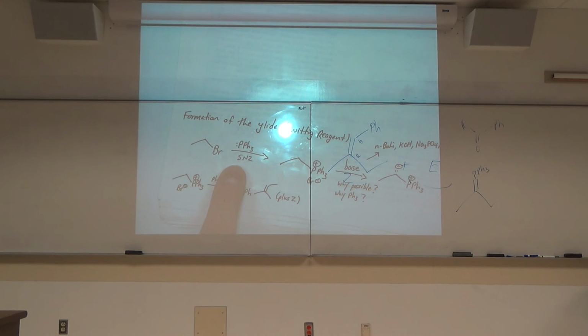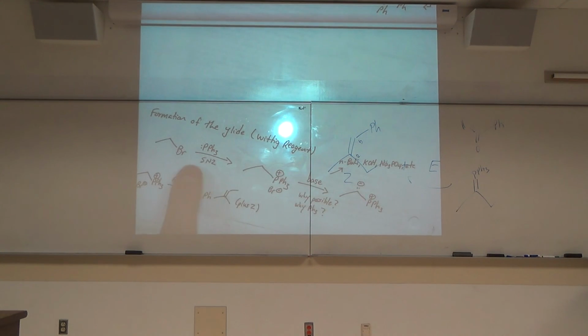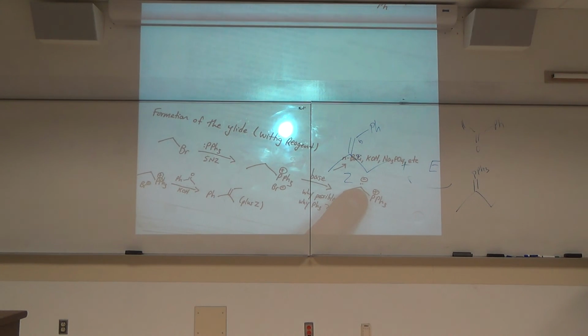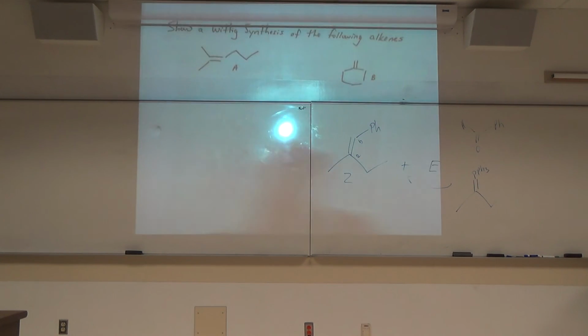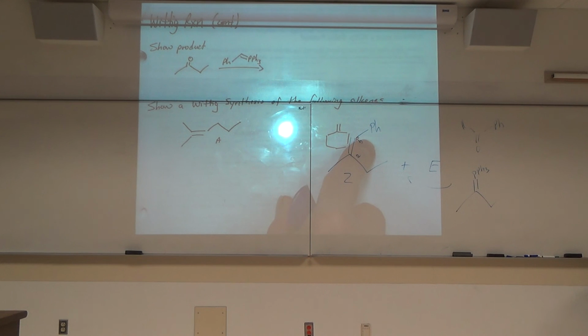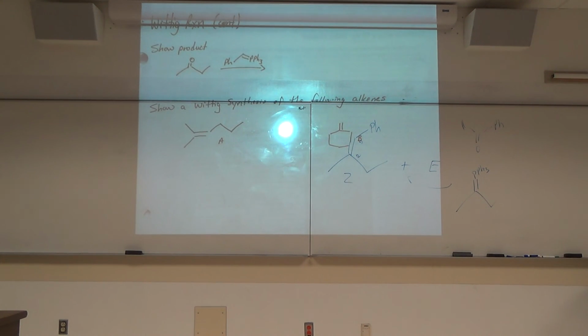You're using an SN2 to make it, so you would rather have your Wittig carbon be the less substituted. So keep that in mind. What I would like you to do is do both ways. For each of these, show two different Wittig approaches, and then let's determine which would be the best. We'll pick up there. Please think about below.